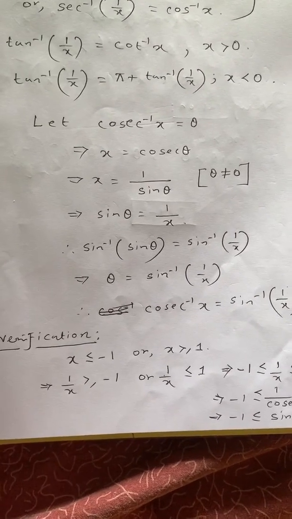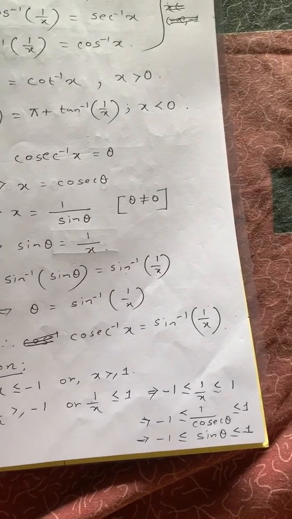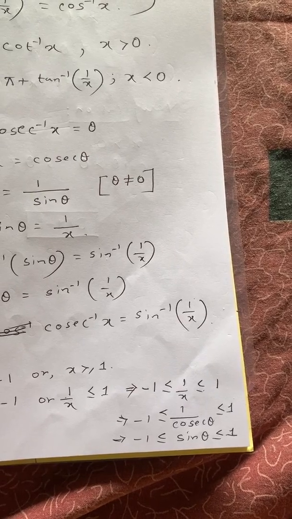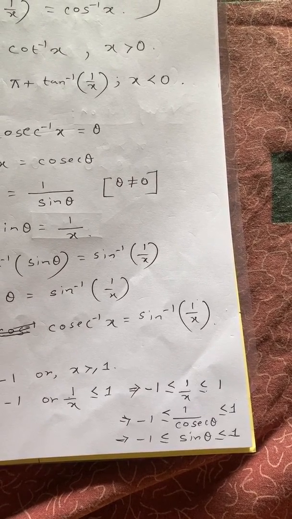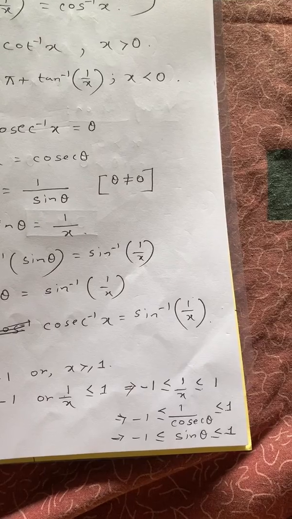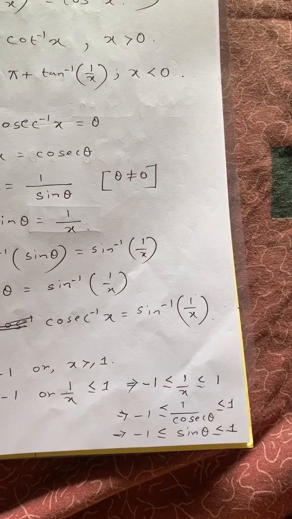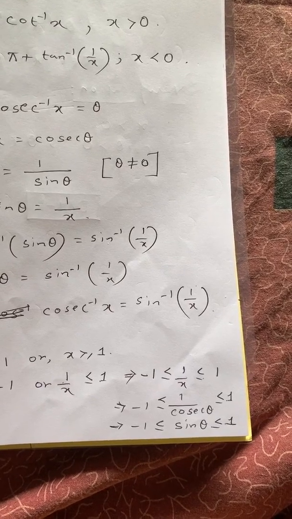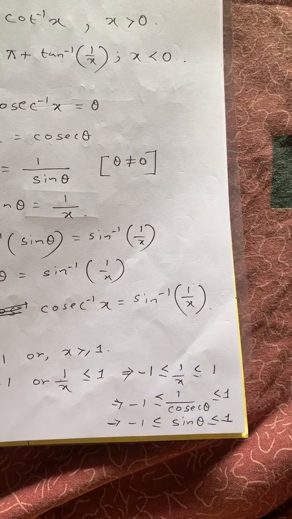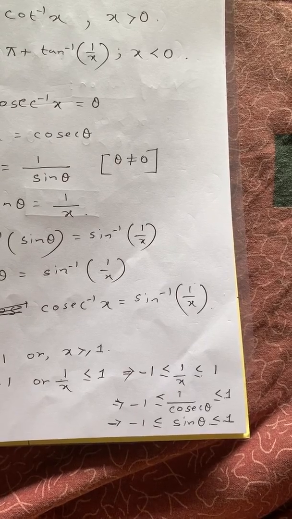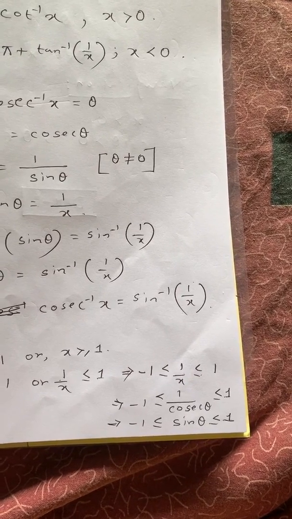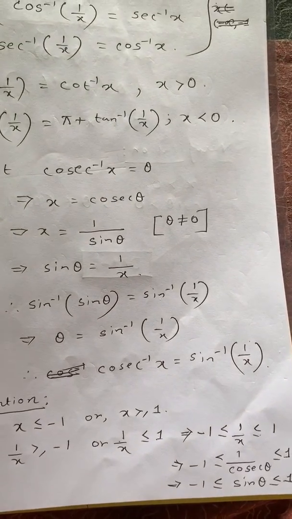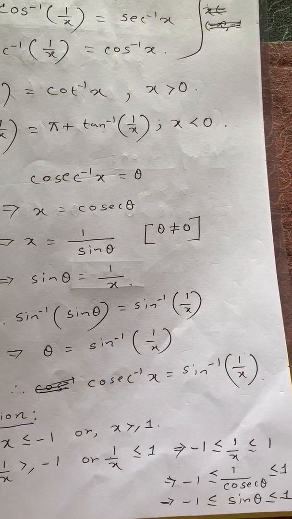Combining these two rules, minus 1 is less than or equal to 1 by x and is less than or equal to 1. So minus 1 is less than or equal to 1 divided by cosec theta, which is less than or equal to 1, and minus 1 is less than or equal to sine theta, which is less than or equal to 1, which is the actual range of sine theta. In that way we can prove it: cosec inverse x is equal to sine inverse of 1 by x.